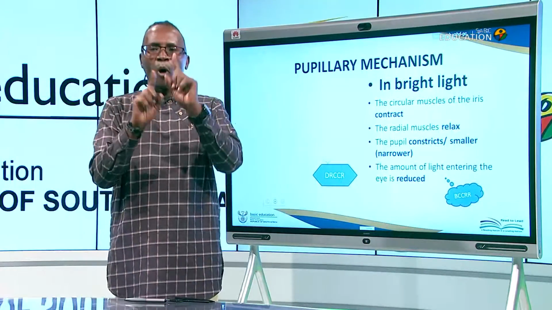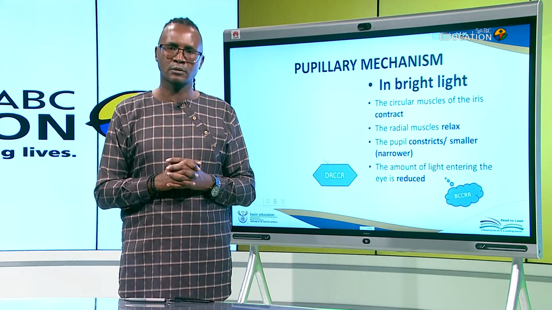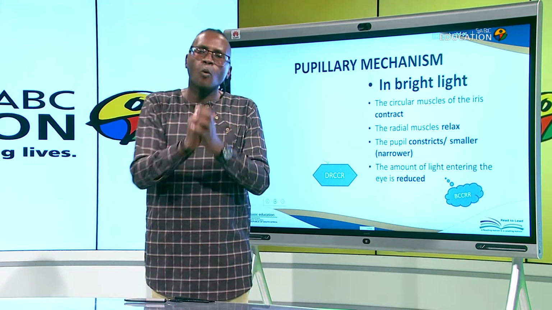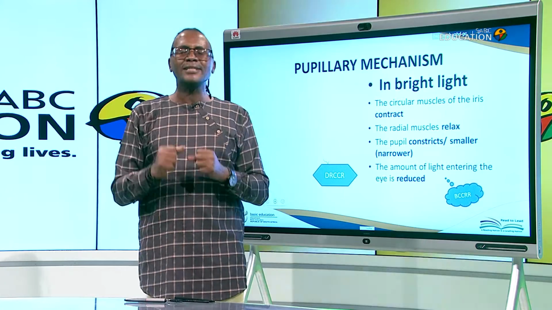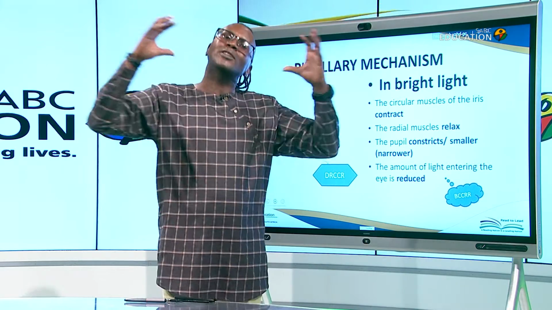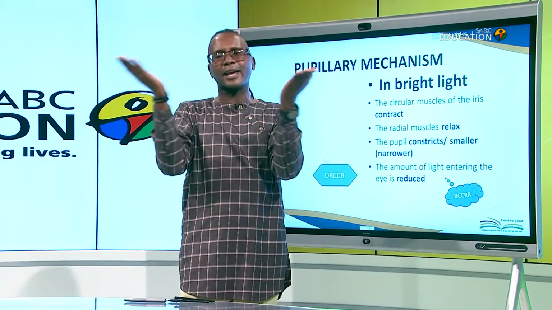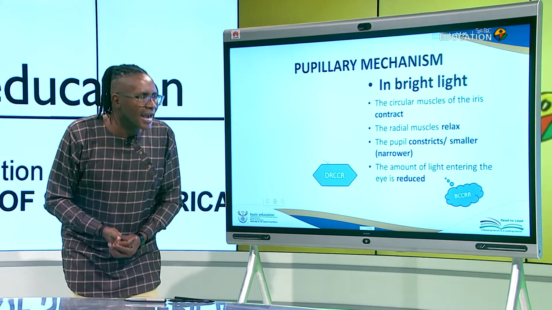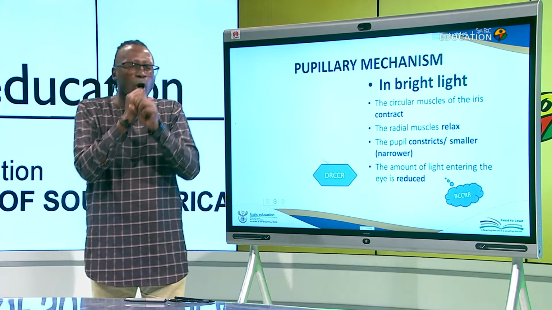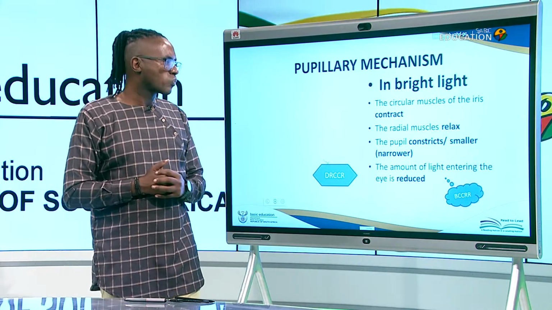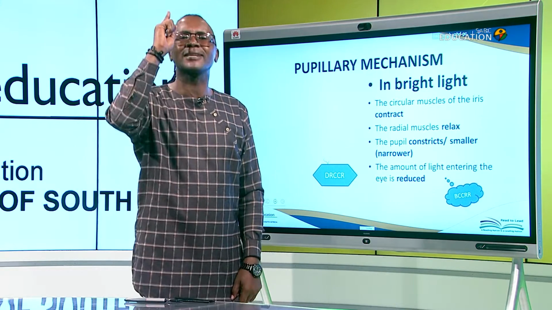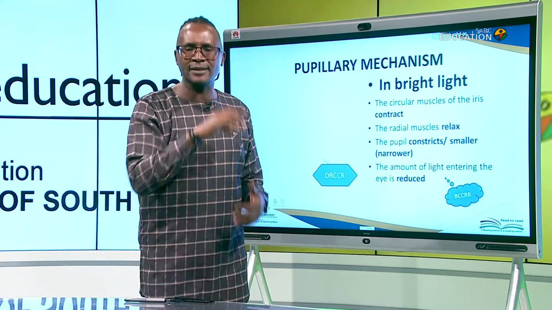There is no way that both of them can contract. So the circular muscles of the iris will contract. When they contract, what's going to happen to my radial muscles? They will relax. And when they relax, the pupil will constrict, will become smaller, because there is too much light striking the eyes.